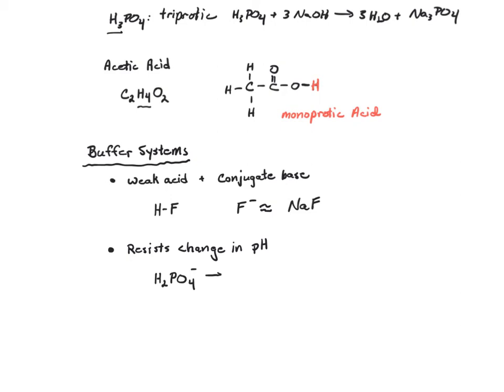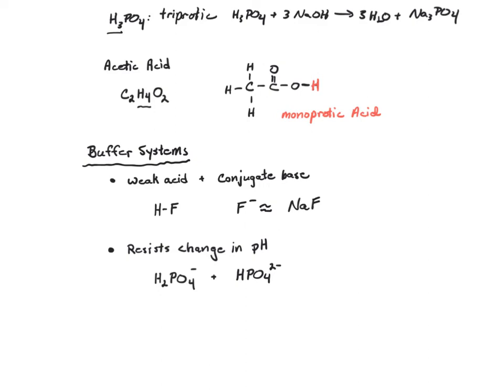Okay, so we have a weak acid and its conjugate base here. And this keeps us centered right around 7-ish. Okay, we're not going to worry about the exact numbers right now.